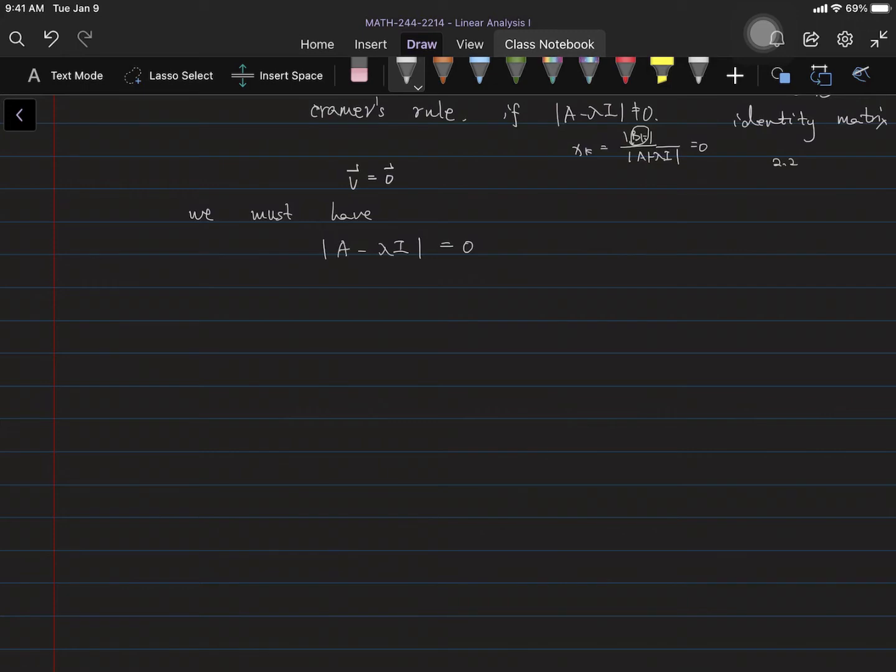So next, we are just going to use this equation to solve for lambda and V. I'm going to show you how to do this.